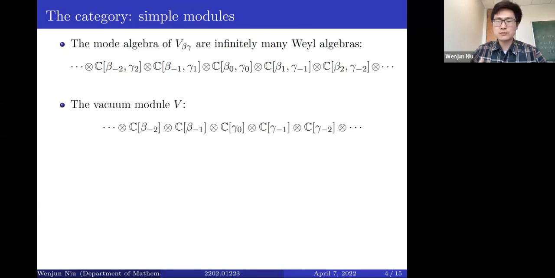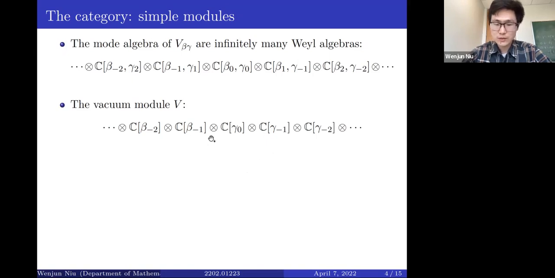Then you can build modules by choosing a specific module for each copy, and you choose it in a way that is smooth, in that the positive parts should act trivially. So the vacuum module V looks like this infinite tensor product of modules of each copy of the Weyl algebra.